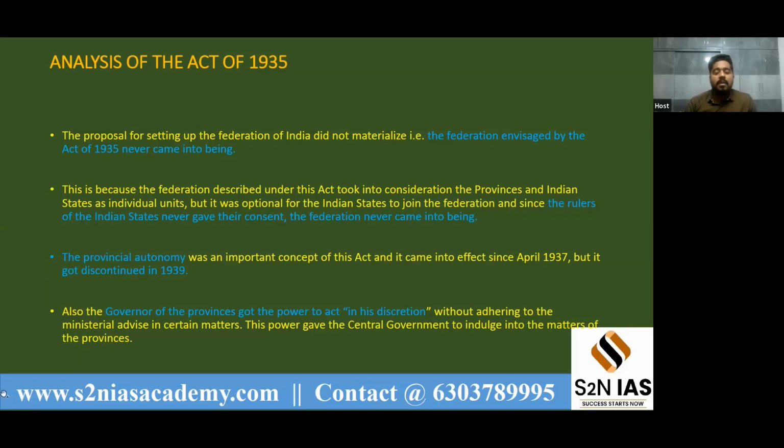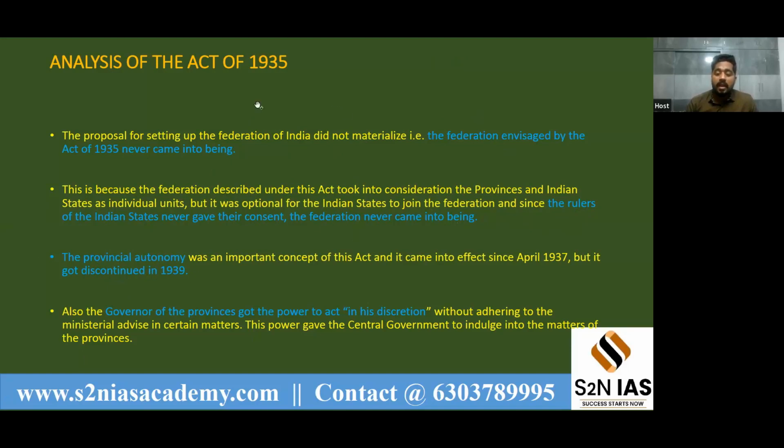This is because the federation described in this Act took the provinces and the Indian states as individual units, but it was optional for the Indian states to join the federation. And obviously, if you give the option to join or not to join, no ruler wants to join the federation.